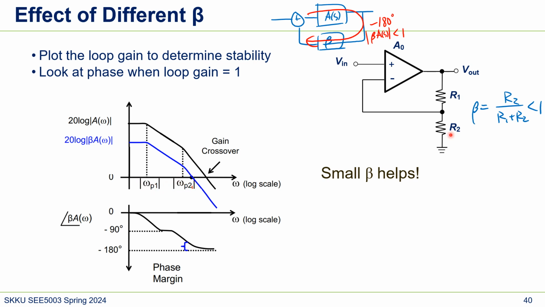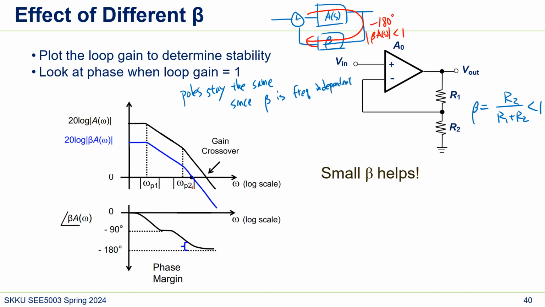Why? We assume that beta doesn't have any frequency dependency, so the pole stays the same since beta is frequency independent.